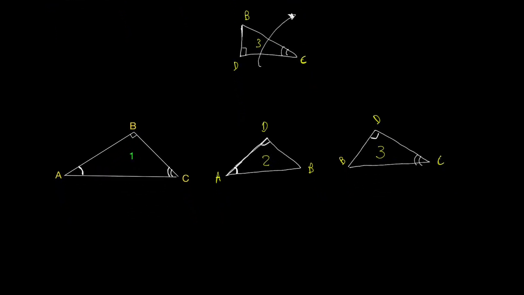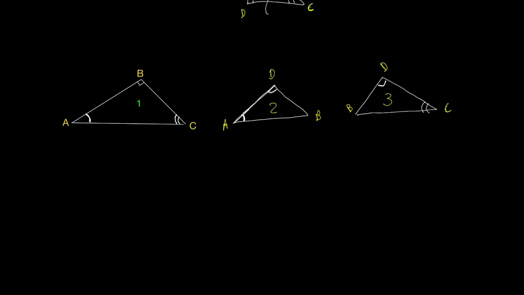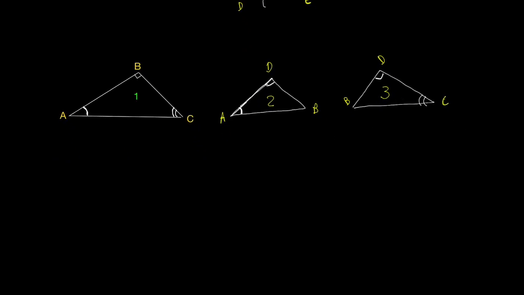Now I'm going to show you that these 3 triangles are all similar to each other, beginning by analyzing triangle 1 and triangle 2. Now if you recall our lesson on triangle similarity, you can see that triangle ABC is similar to triangle ADB, because we can use the AA similarity postulate.